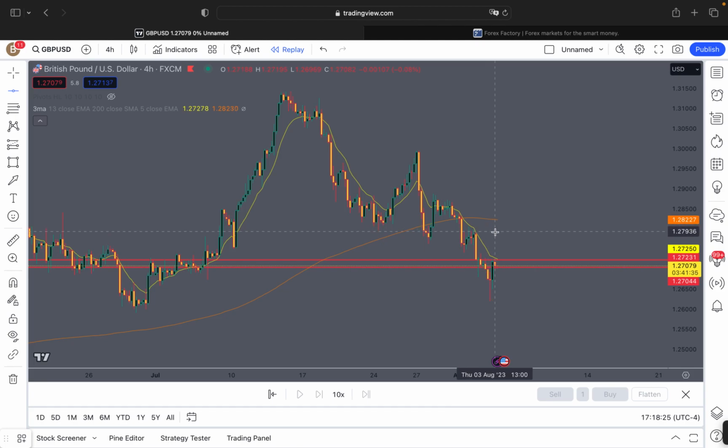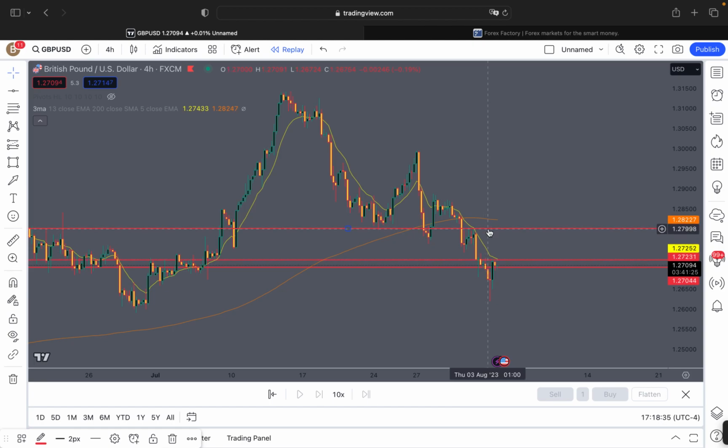If we break above this little area right here, we need to be watching out for our positions, because of the simple fact, if you're in a sell right here and it broke this structure, because this is a lower high, if it breaks this lower high, guess what this just created? A high.